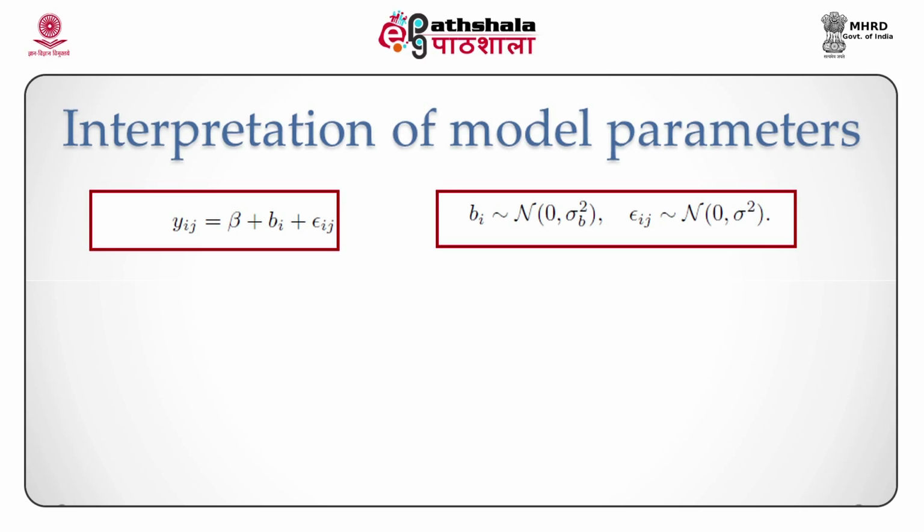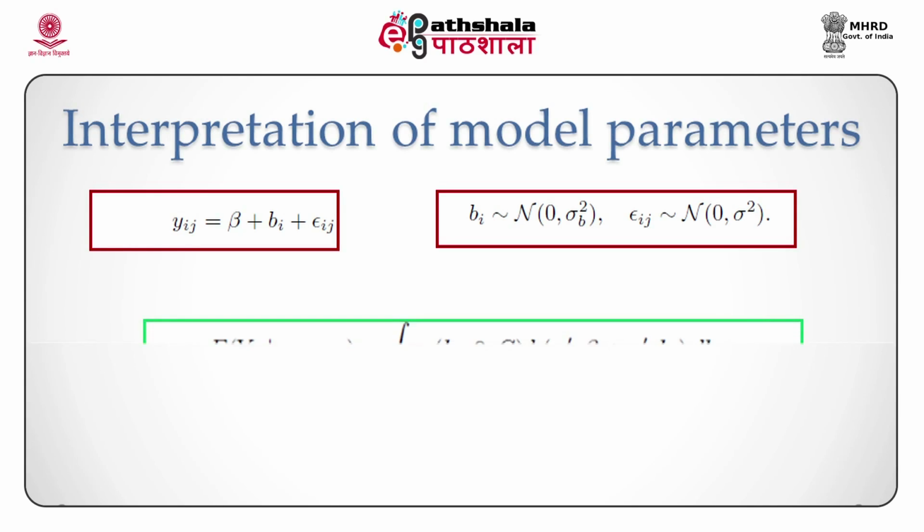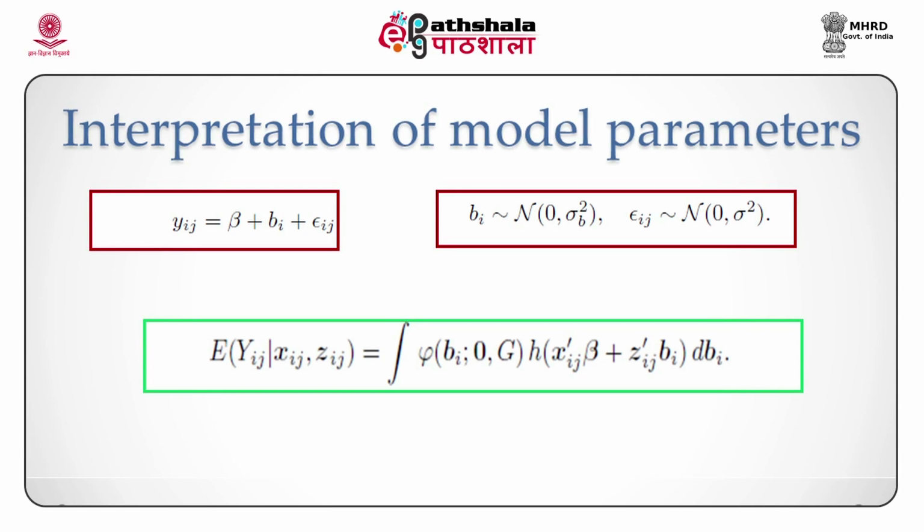On the other hand, assume that we are using a link h. In this case, the overall mean is obtained by integrating out the random effect, and the expectation of Yij given Xij, Zij is equal to the integral of h of Xij prime beta plus Zij prime bi, multiplied by phi of bi, 0, G, into dbi.